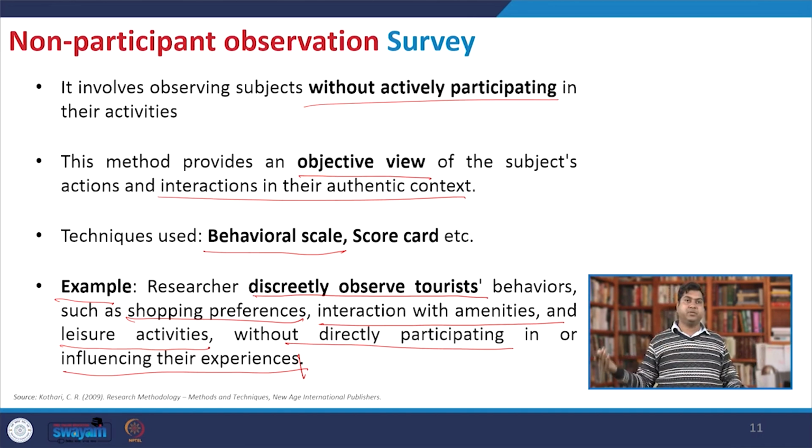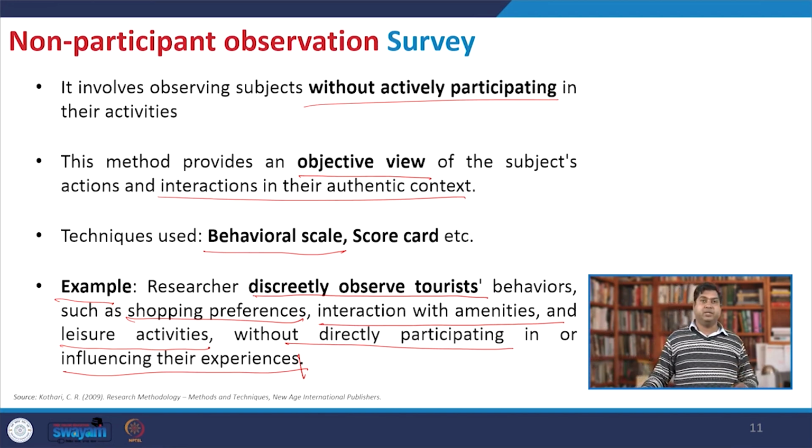So, it is based on the observation that most frequently people do this kind of shopping, they have interest in this kind of food or some cuisines. So, this is something that you observe and then you make an inference, that mostly you have seen, you have just observed say 20 tourists, out of that 15 tourists after having visited that particular tourist monument or something, that particular area, tourist destination, they are doing this activity, they are having a cup of coffee or maybe they are having some sort of snacks which is very popular in that location.